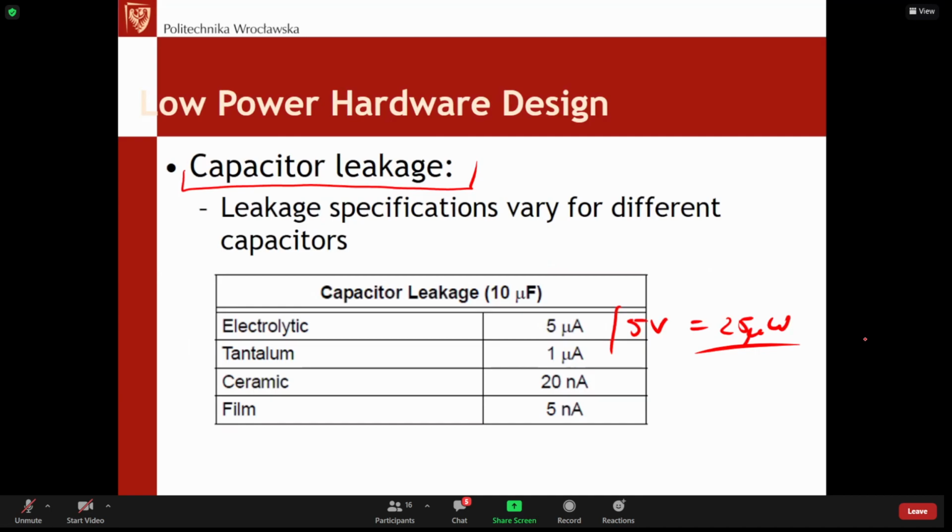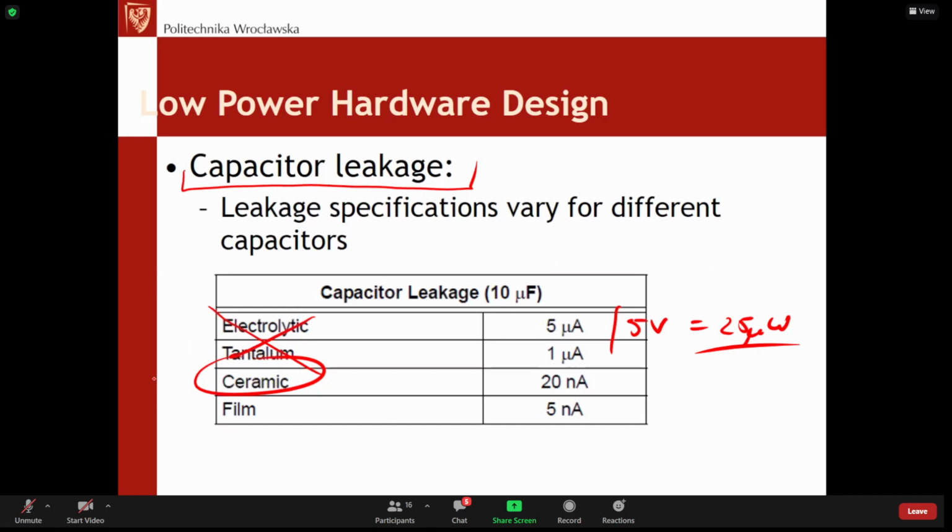Therefore, in the case of low power hardware design, be extremely careful when using electrolytic and tantalum capacitors. In general, we shouldn't be using them at all. We are in fact limited to ceramic capacitors, because film capacitors are very large, and they are capacitors from ancient times in electronics.